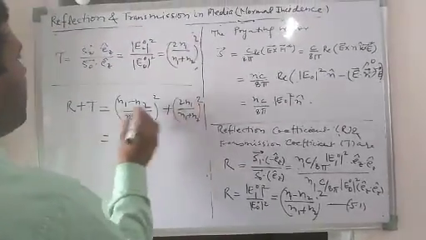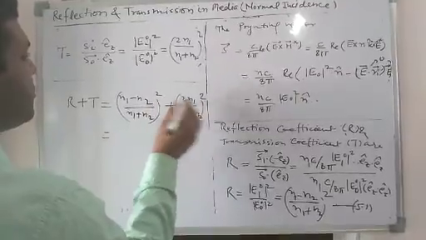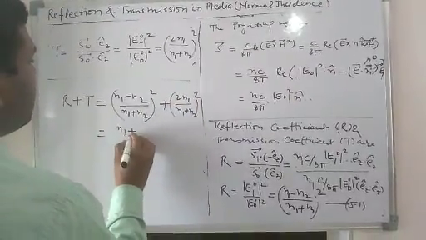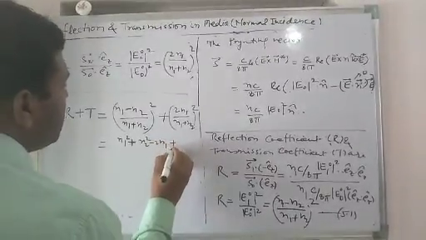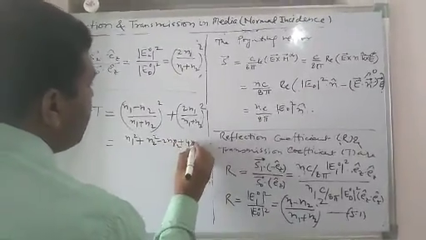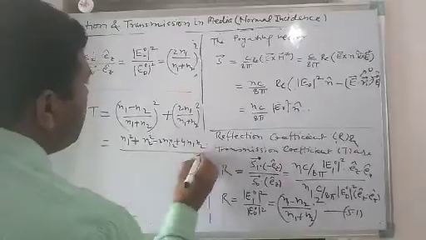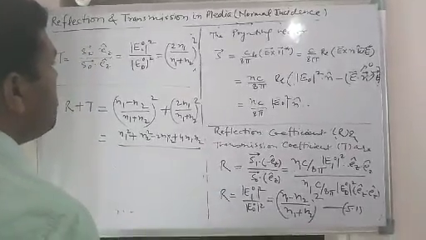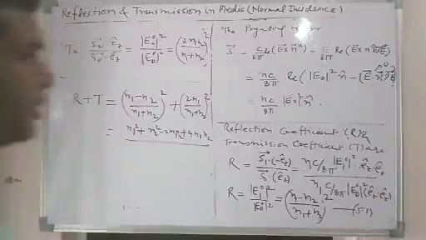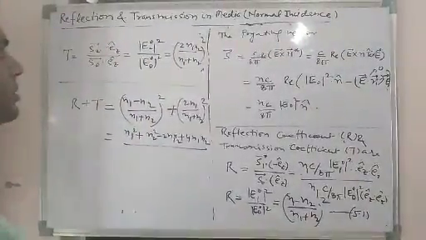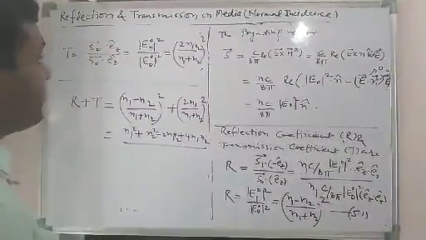Obviously from here we will have minus 2n1 n2, plus 4n1 n2, plus n1 square plus n2 square. Oh, I'm sorry, there should be n2 in fact. If you just check the expressions, we should have n2.